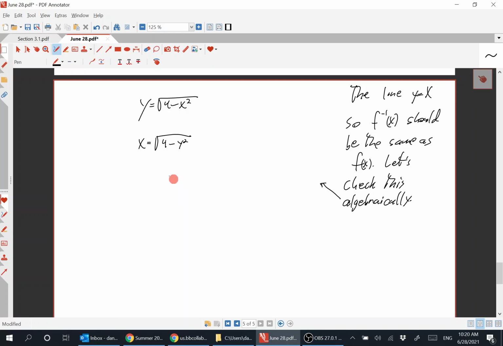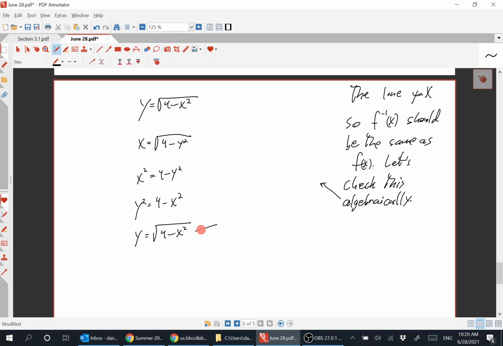And now solve for y. So I'm going to square both sides. Put the y squared over here, x squared over there, and then take the square root, knowing that y is positive.